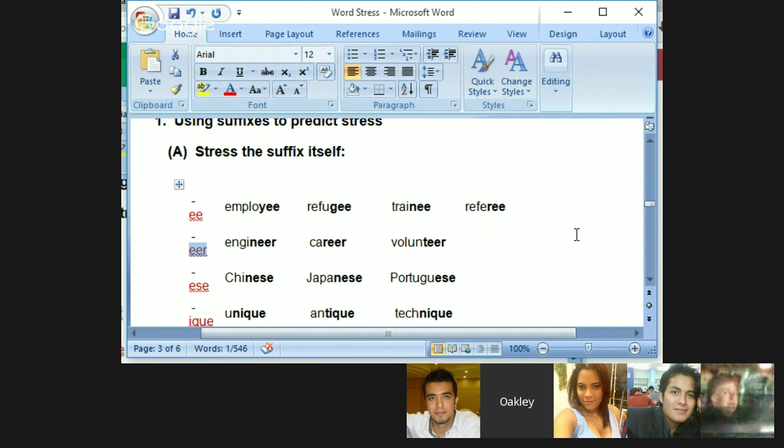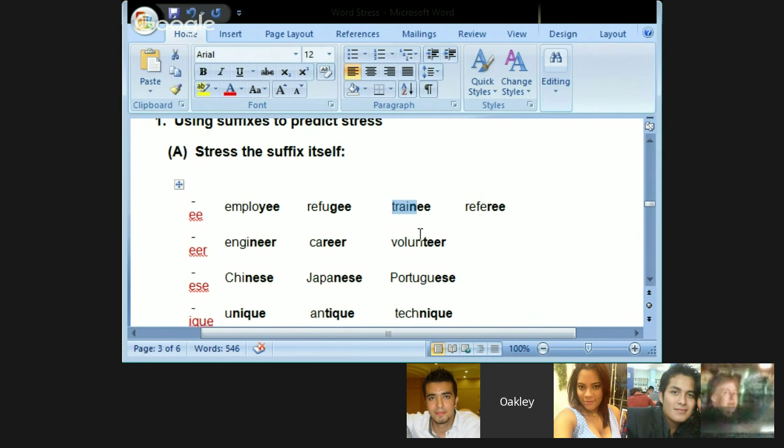Suffixes are common endings, and they're always going to include a vowel sound. Common endings for words. The root word, for example, trainee. The root word or the base word is train.